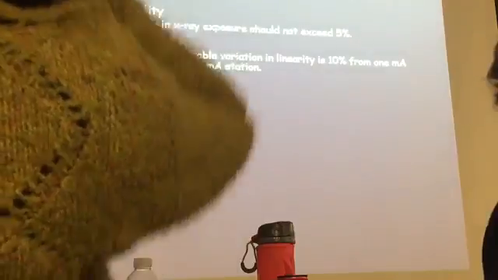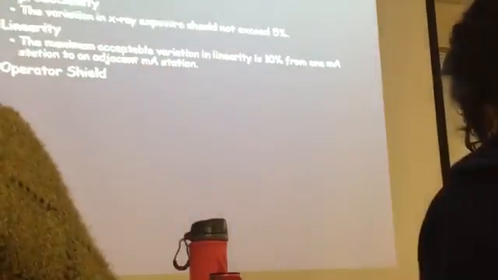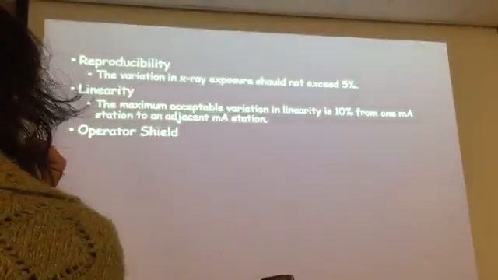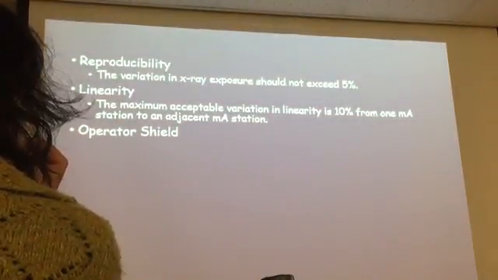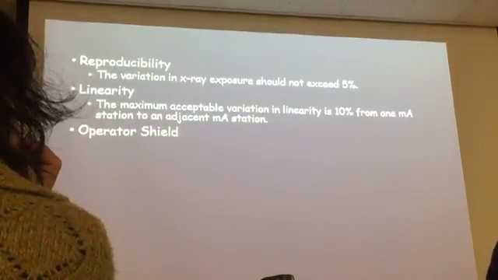Okay, the operator shield. The operator shield is the area outside the X-ray room where the panel is set, and you have a shield there where the X-ray technologist, or whoever is not the patient, is behind that shield. That's called the operator shield.